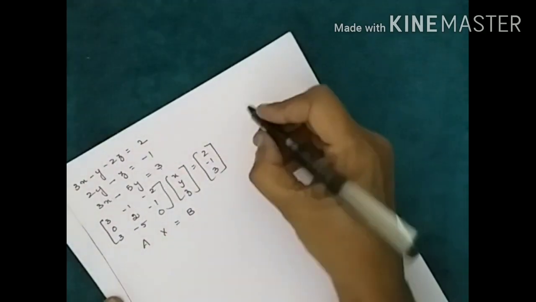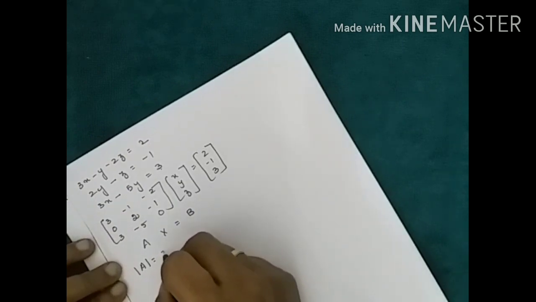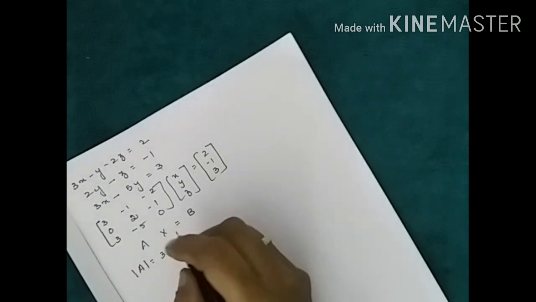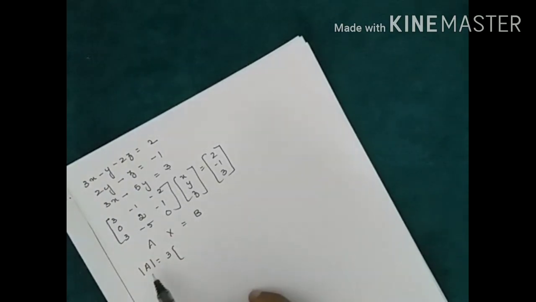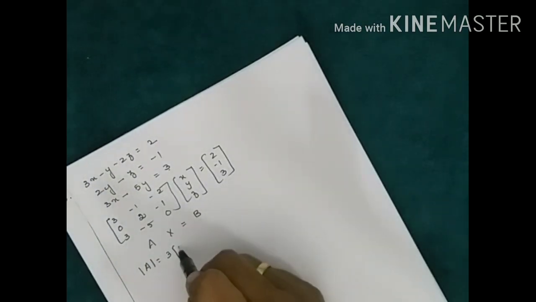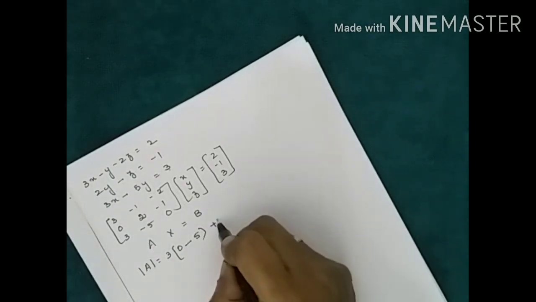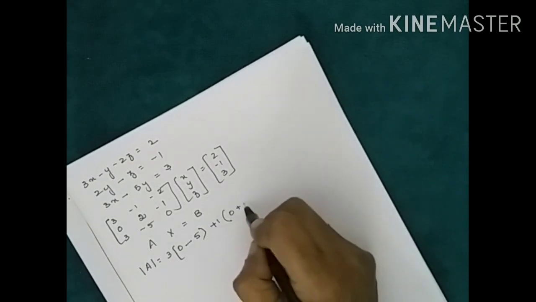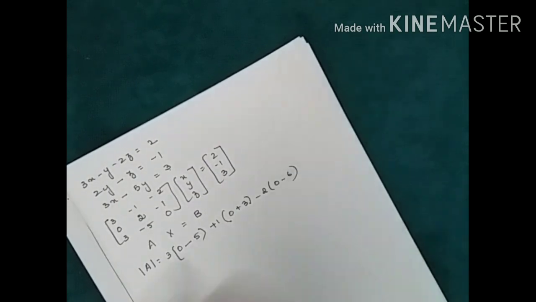So what is the step 1? We have to find the determinant of A. Okay. So determinant of A is 3 into, how do you find the determinant of A? You have to multiply. So determinant of A is 3 into (0 minus 5) plus 1 into (0 plus 3) minus 2 into (0 minus 6).